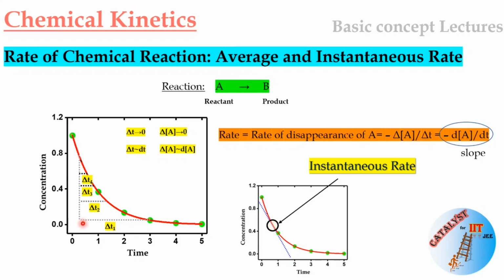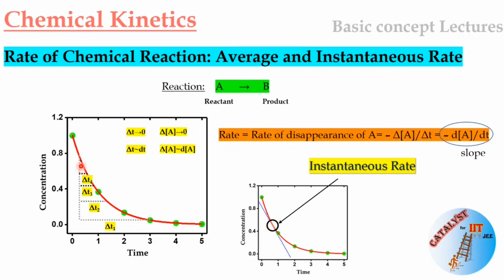Now you have seen that the average rate is minus of delta A by delta T. If you start decreasing delta T, the concentration change is also going to decrease. From delta T1 to delta T2 the concentration change has also decreased, and with delta T3 it has decreased more.